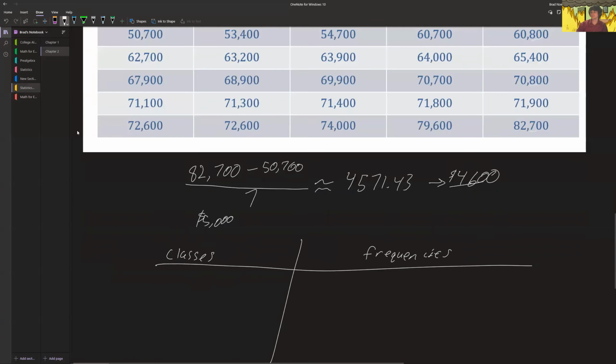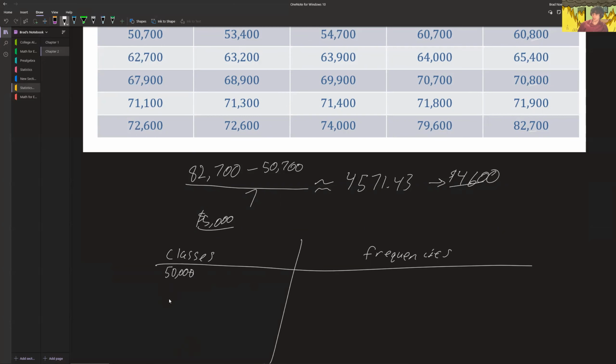If I'm looking at 50,700, you can choose any starting point that really makes sense. I'm going to choose, say, 50,000 because it will include my bottom data point. You could have done 50,500. You could have done 50,200. But I think that this is the most reasonable place to start if I am choosing this 5,000 class width.